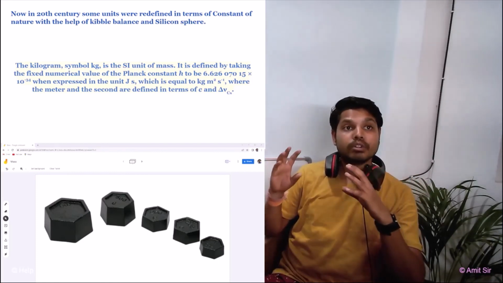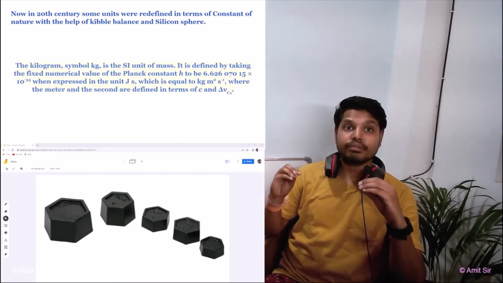Okay, so these are also constants, they also do not vary.